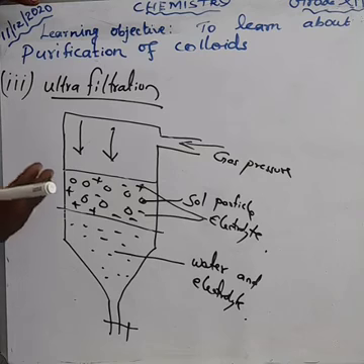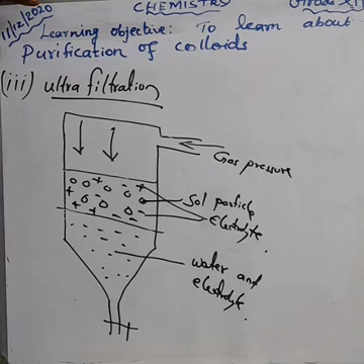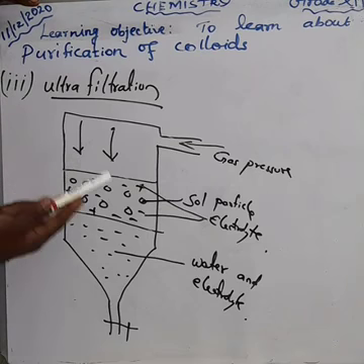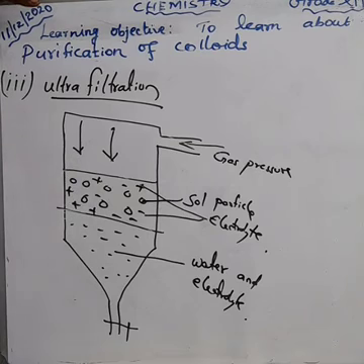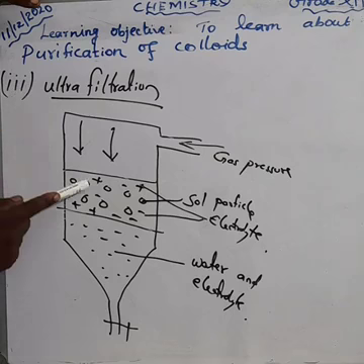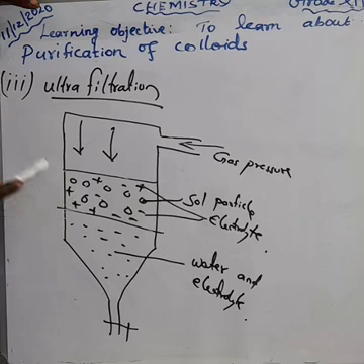And the impurities are removed by washing. The process is quickened by the application of pressure. The separation of the salt particle from the electrolyte by filtration through an ultrafilter is called ultrafiltration.